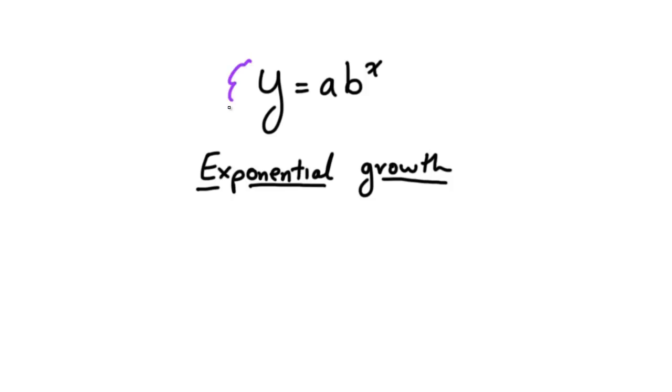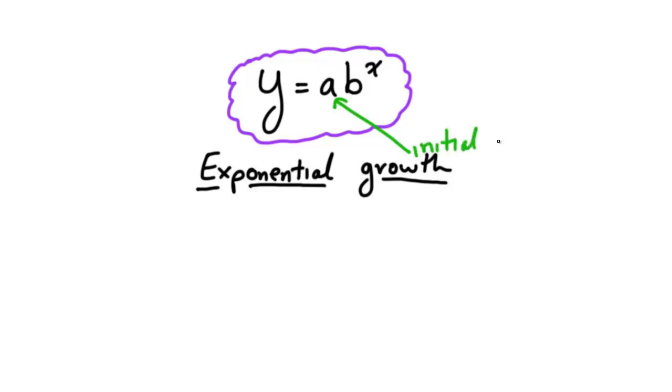Here again we have the y equals ab to the x. Now the a is the initial amount. Okay, so we'll call that the initial amount. It's what you start out with. And b is known as the growth factor.